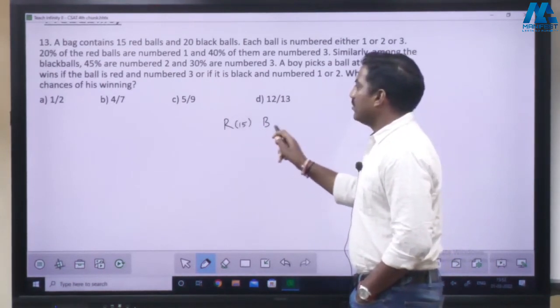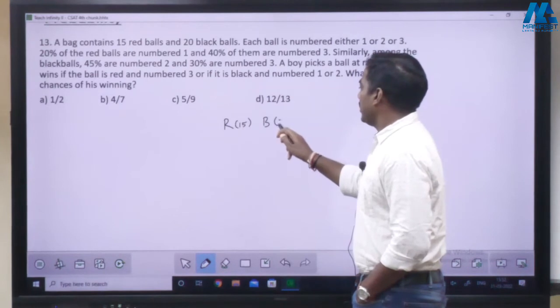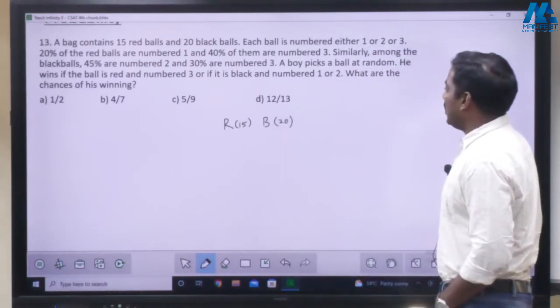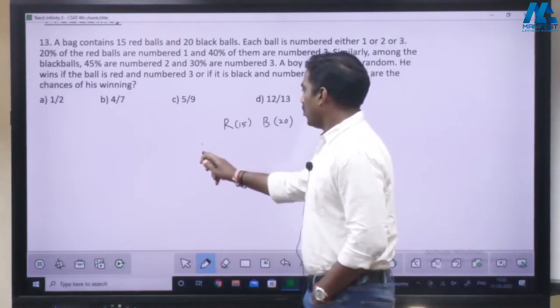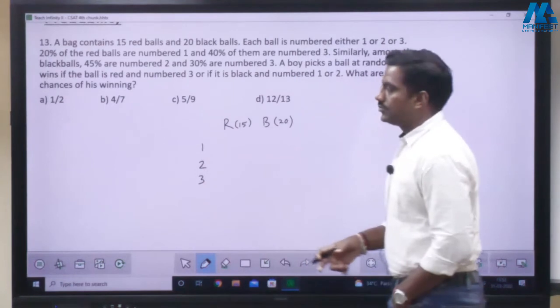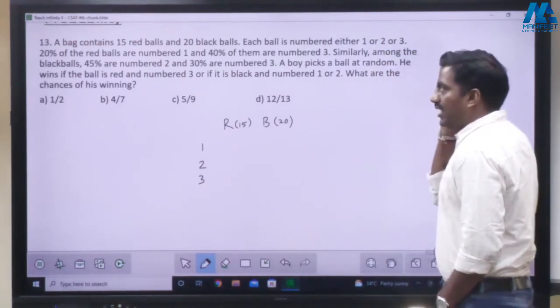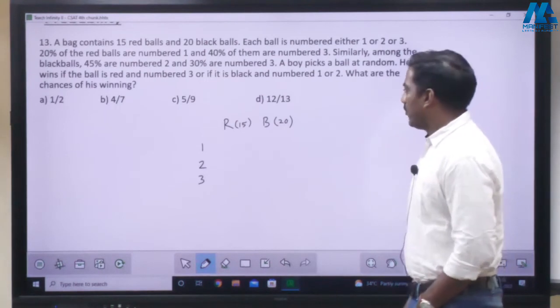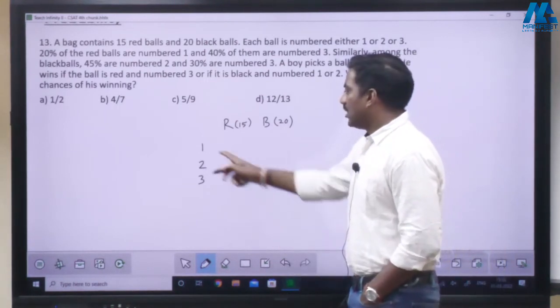And how many black? 20. Each ball is numbered either 1, 2 or 3. 20% of the red balls are numbered 1.